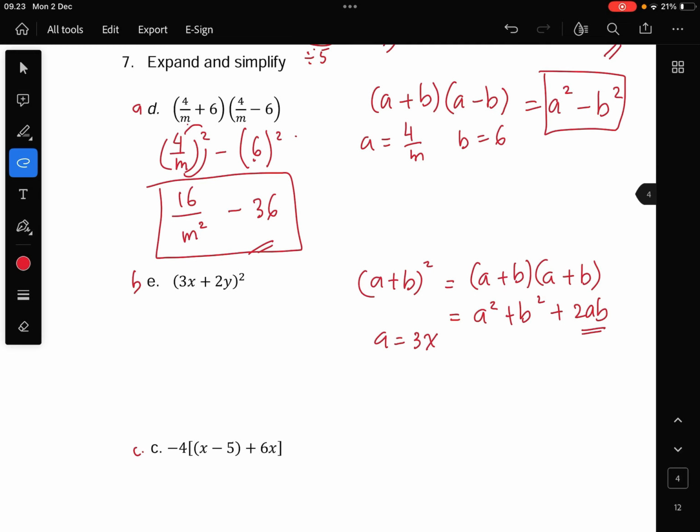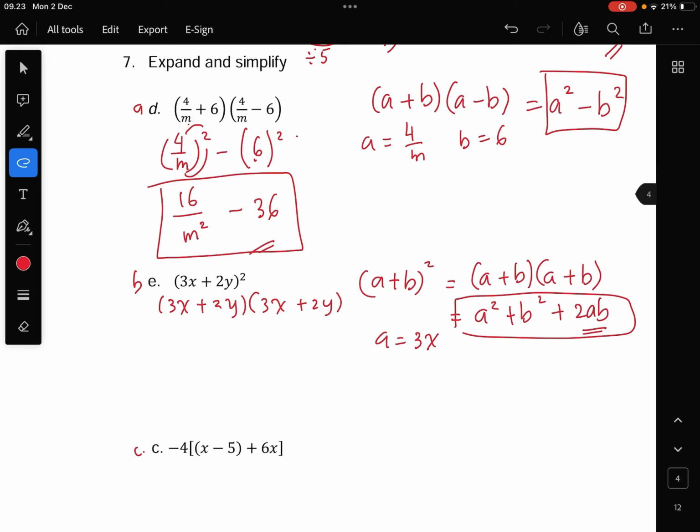It is 3x. Or you can just do this directly, 3x plus 2y, which is also fine. If you don't remember these properties, it's fine, okay? But if you want to use this, you have to identify that a is basically 3x, b is equal to 2y, and then you input it into this one.